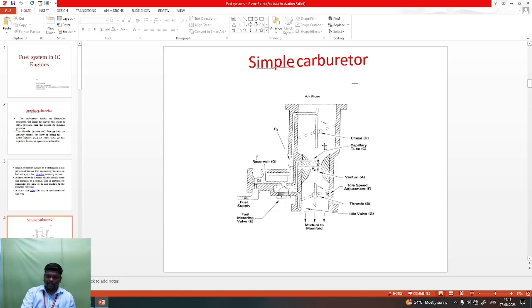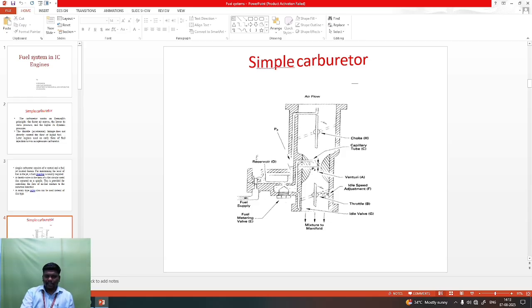When the choke is on, the throttle will be fully open, meaning a large amount of air flows into the carburetor through the venturi. In the venturi, fuel and air are mixed. The venturi has a converging and diverging section: from the top the pressure is high, in between the pressure reduces, and finally the pressure goes low.